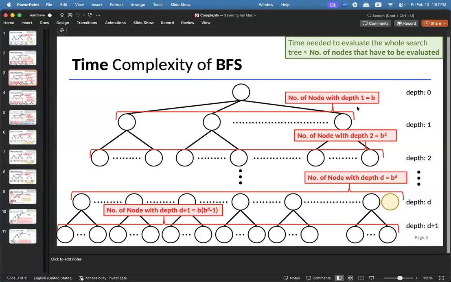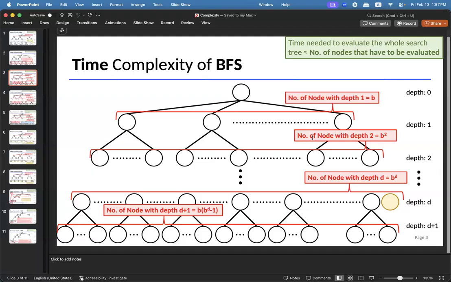You will also find that the number of nodes with depth D plus 1 should be B powered by D minus 1, because in the layer of nodes with a depth of D, one node is the goal state, so that node is not being expanded, but other nodes have been expanded.